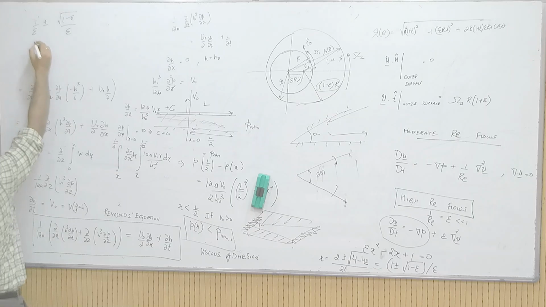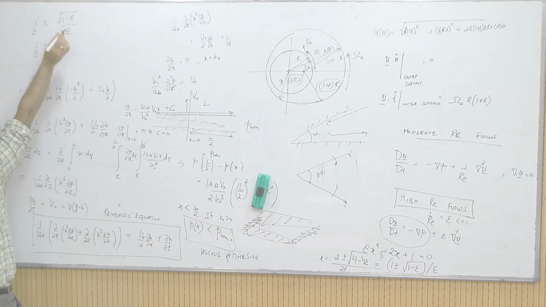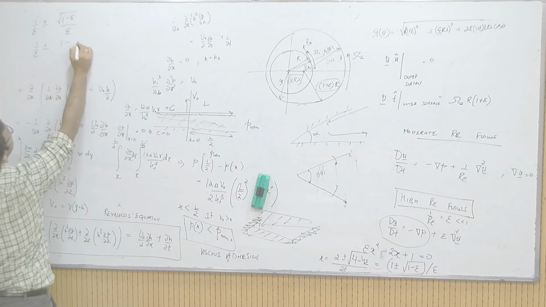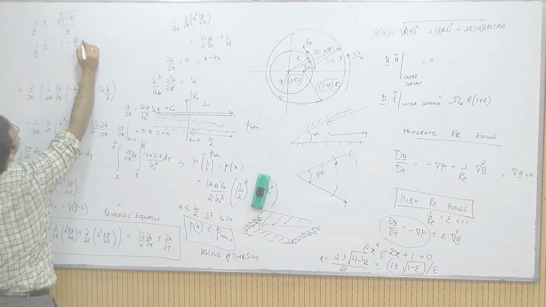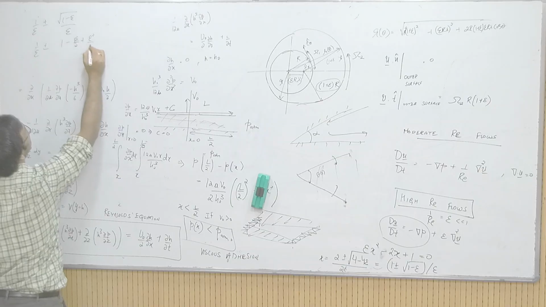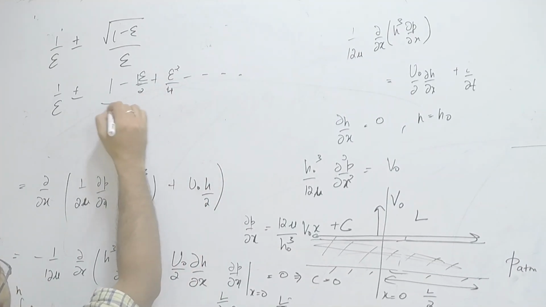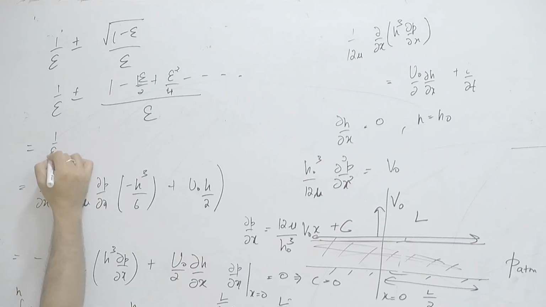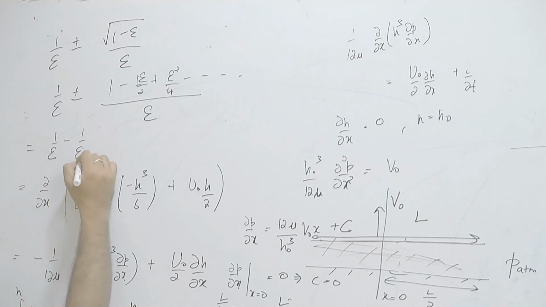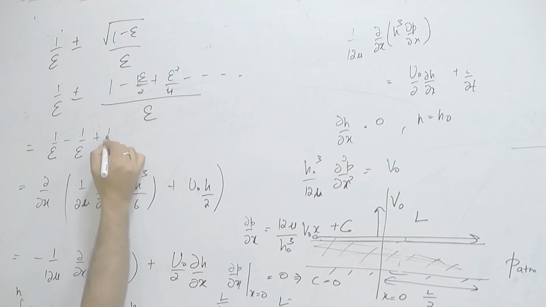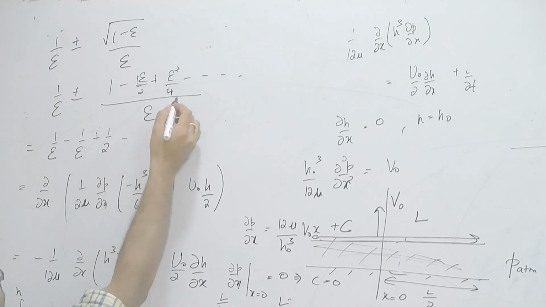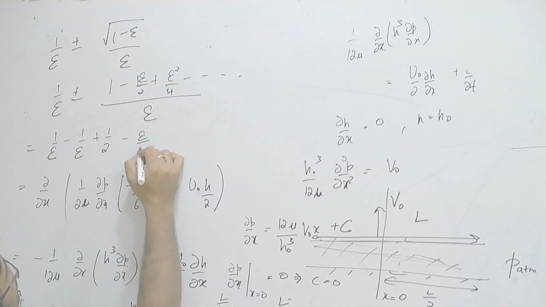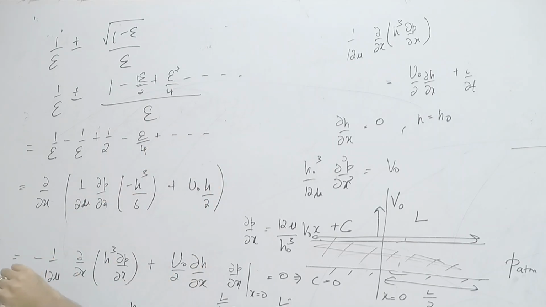In the limit epsilon tends to 0, let me write this using binomial expansion. I can write square root of 1 minus epsilon as 1 minus epsilon by 2 minus epsilon square by 8 and things like that, over epsilon. So, what do I get? One root that I get is 1 by epsilon minus 1 by epsilon plus half minus epsilon by 4 and so on.